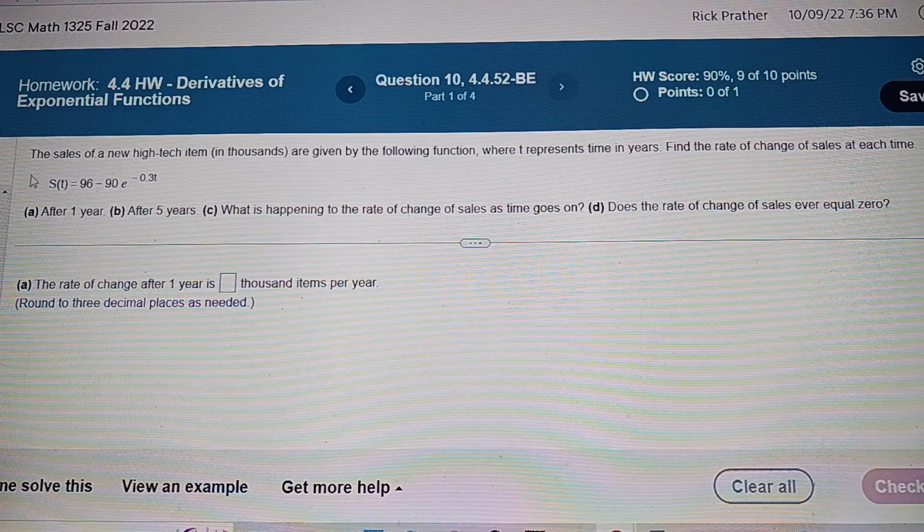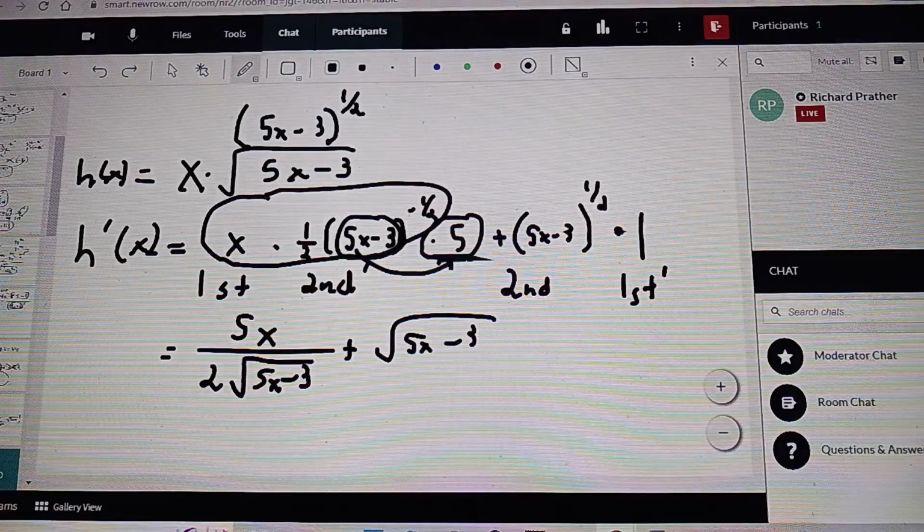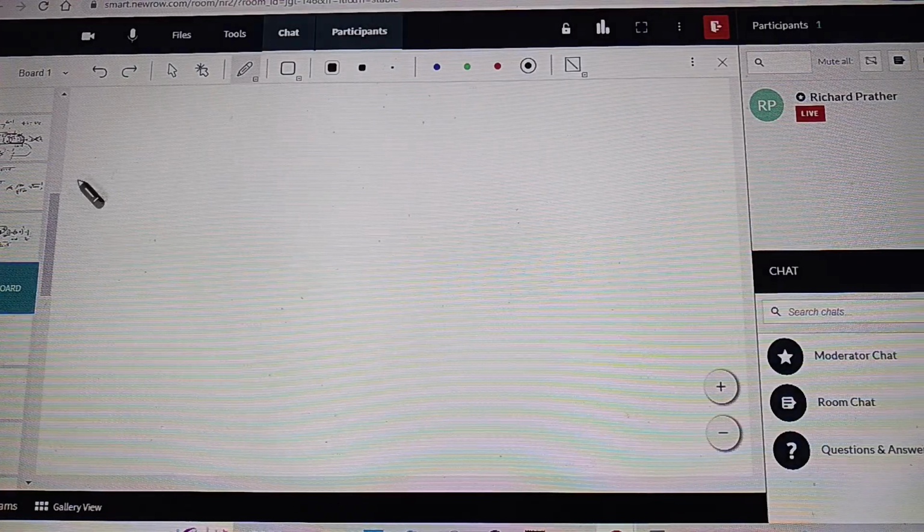Okay, number 10. The sales of a new high-tech item in thousands are given by the following function. T is time in years. Find the rate of change, so that's the derivative of sales. And notice it's an exponential, okay? So whenever you get word problems, they're always whatever the section's about.